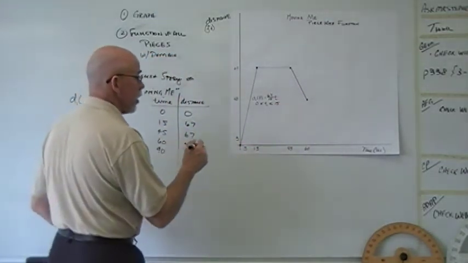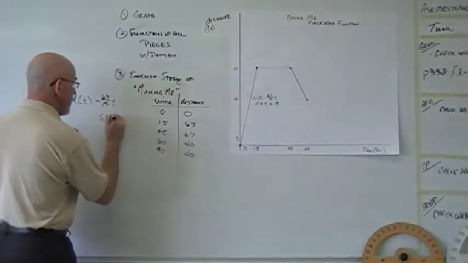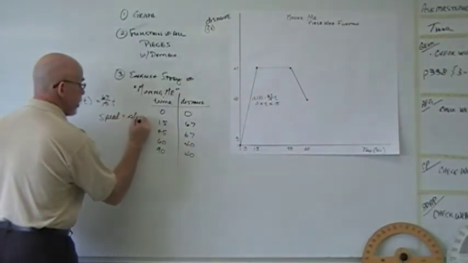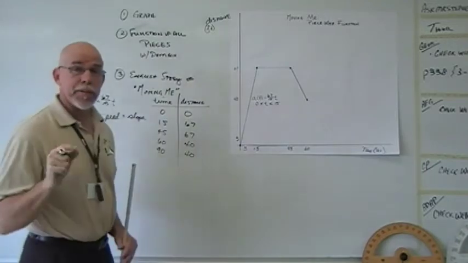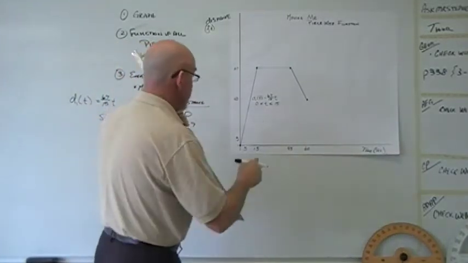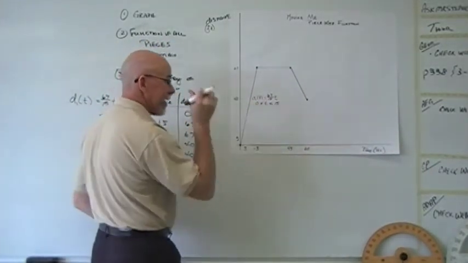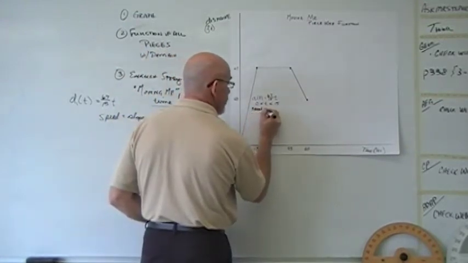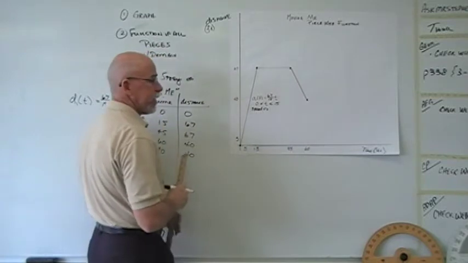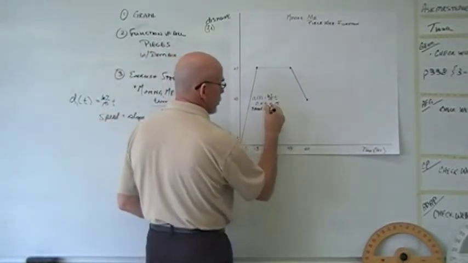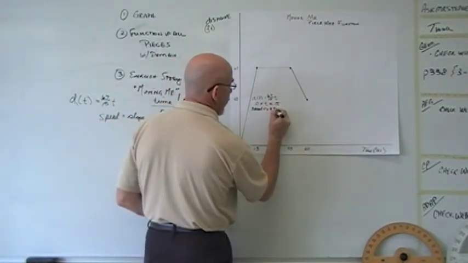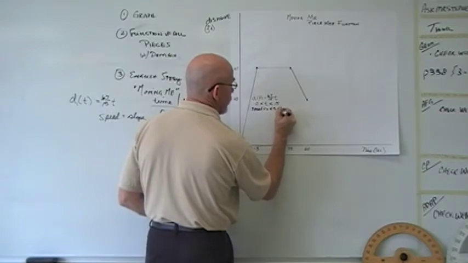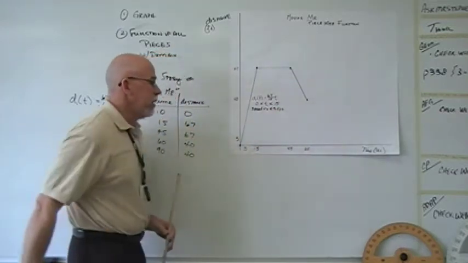The speed is always the slope. So speed is always the slope of the line, because it's depicting me moving. So that speed, that slope, is 67/15. I can change that to a decimal to communicate, and I want you to write it right underneath this. The speed is, this works out to about 4.5 feet per second. That's the speed of that piece.